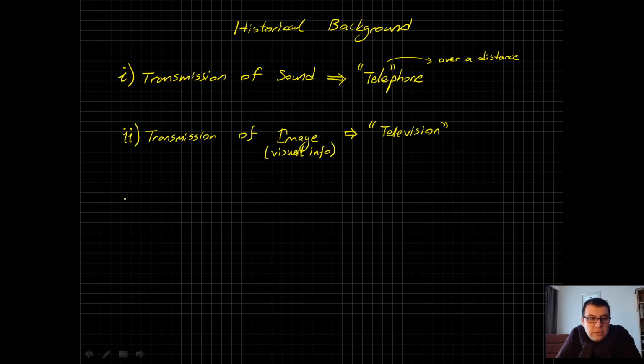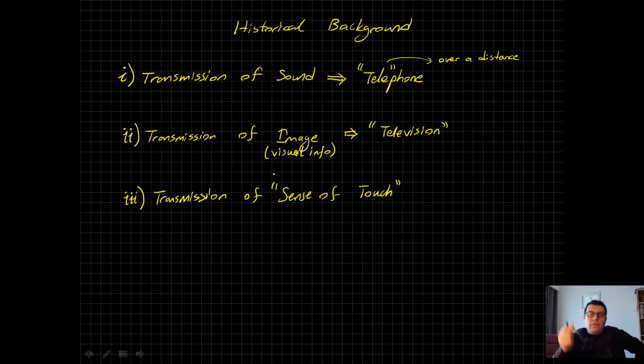Now, if you move through these two, it's easy to come up with the idea that what happens if we try to transmit the sense of touch. So we have the sense of hearing, we have the sense of visualization, sense of seeing, let me say, and we want to also transfer the sense of touch to a remote location.